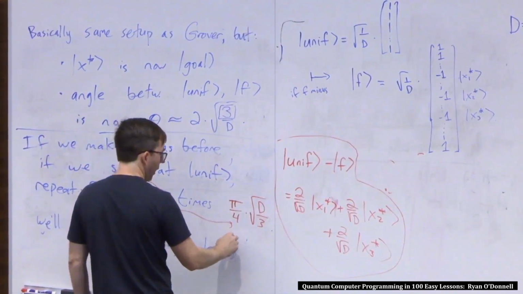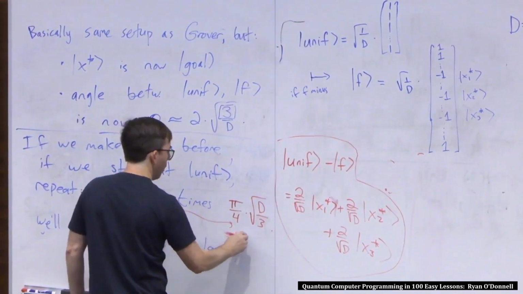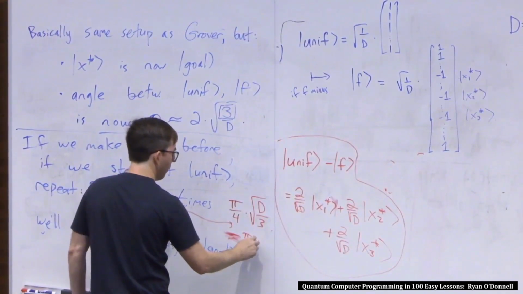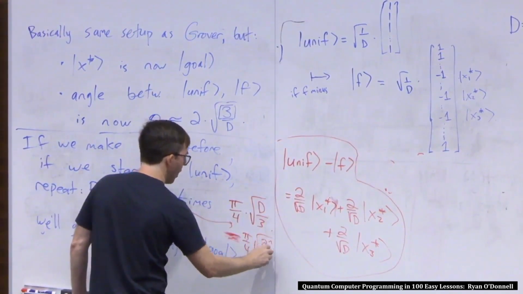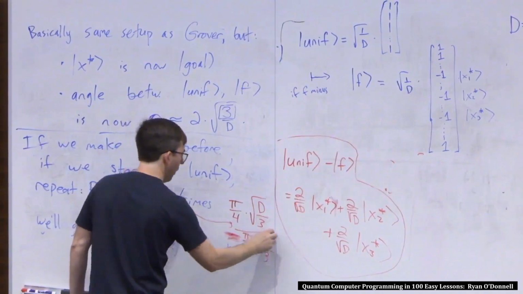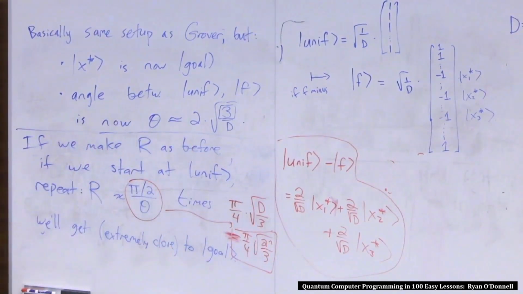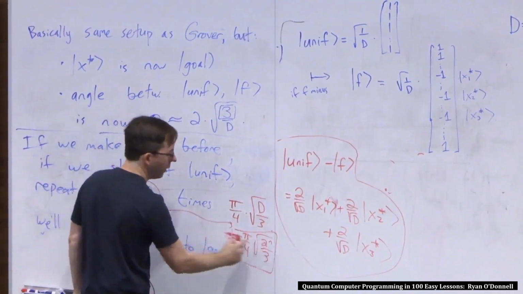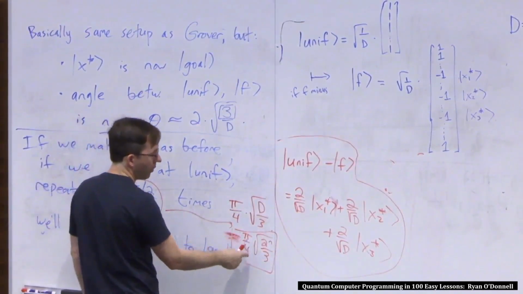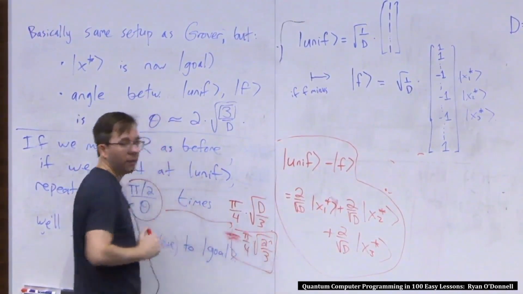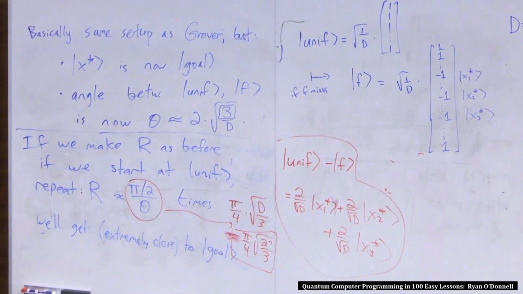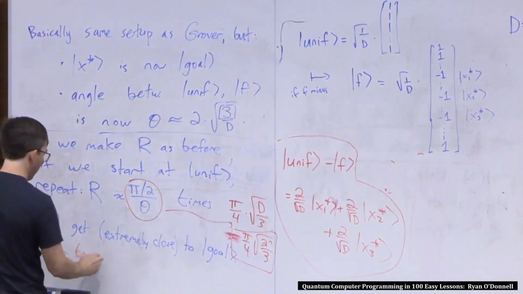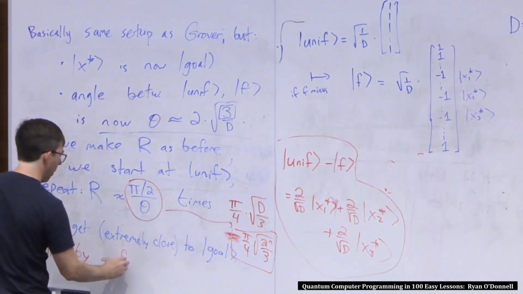It's a little bit less than 1, but let me write it: pi over 4, square root of 2 to the n divided by 3. And this is kind of nice. It's a little bit faster than Grover, right? In Grover, you repeated it pi over 4 times square root 2 to the n. And now you only need to repeat R pi over 4 times square root of 2 to the n over 3. So this is somewhat faster. It's faster by a factor of square root 3.